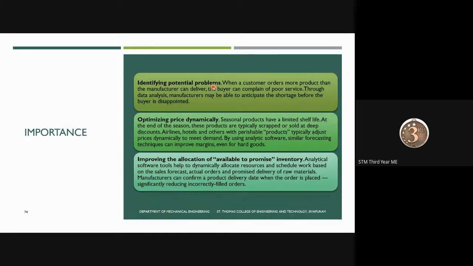For that purpose we always release a beta version to a sufficient number of people to obtain feedback. If we identify such a problem, we can rectify it and produce a much more effective, much more efficient product in the market. That is one importance of supply chain management.